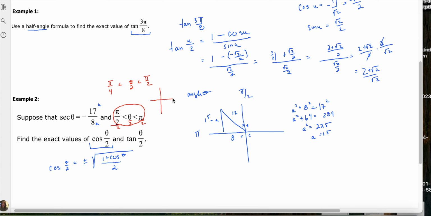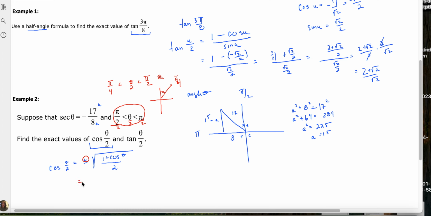So pi over 2 is right here. So pi over 4 would be here in quadrant 1. Oops, I wrote it 2. So theta over 2 would be somewhere here, which is in quadrant 1. All functions are positive in quadrant 1, so that means cosine of theta over 2 will be positive. So I choose the positive there.